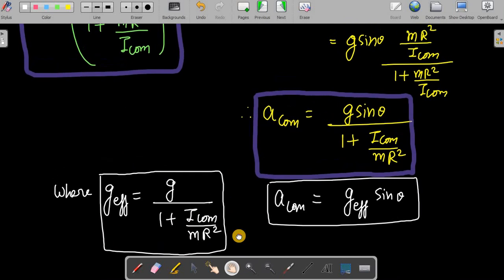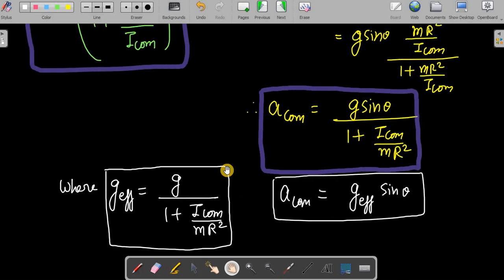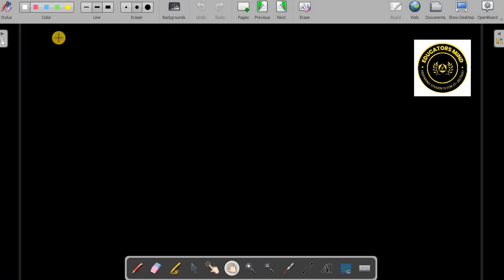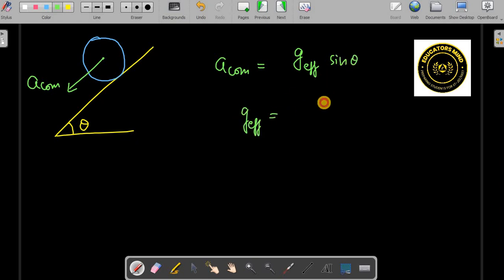Okay, so let us summarize this result. Basically, acceleration of center of mass is an important result here. If this is an inclined plane and you are considering pure rolling of a round object, then acceleration of center of mass is given by this formula, g effective into sine theta, where g effective is g by 1 plus I center of mass by m r square, where m is the mass and r is the radius.